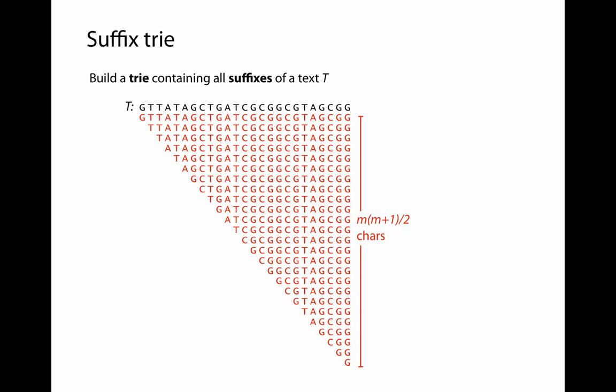So the number of characters in the suffixes of a text T grows with M squared. So at first glance, it's going to seem like a bit of a challenge to figure out how to make a concise data structure over all the suffixes of a text T.